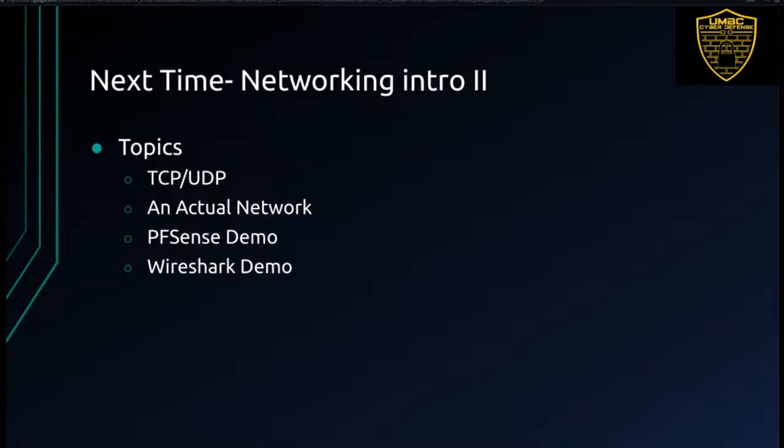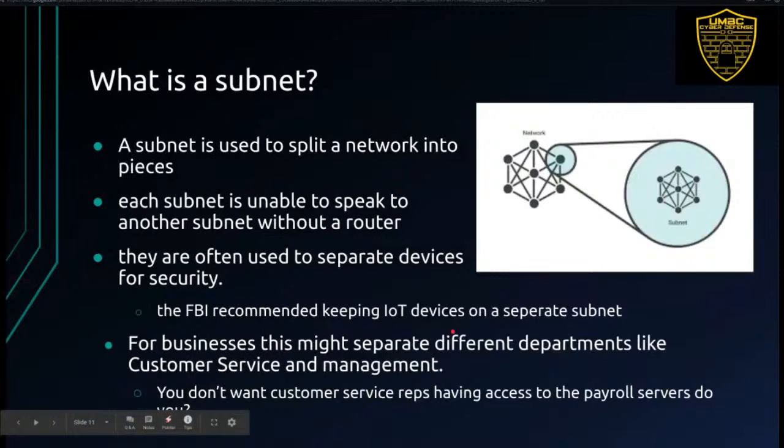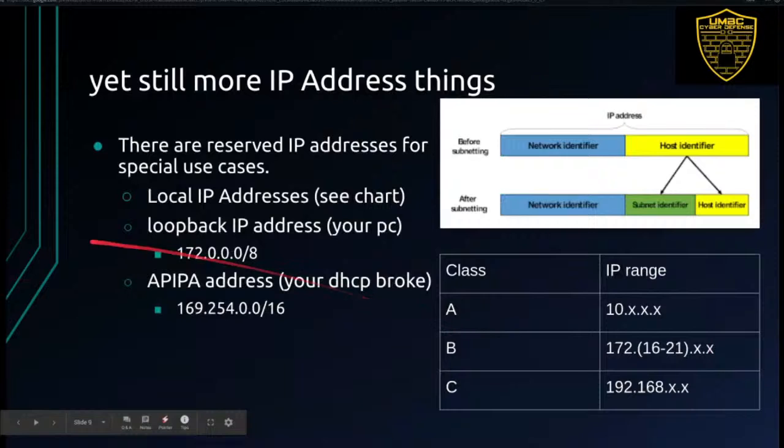There's other things like the APIPA address, which I had somewhere right here. If you see that when you do ipconfig, it's telling you that you're either not connected, or that your DHCP is not working, or you don't have a static IP set up yet.